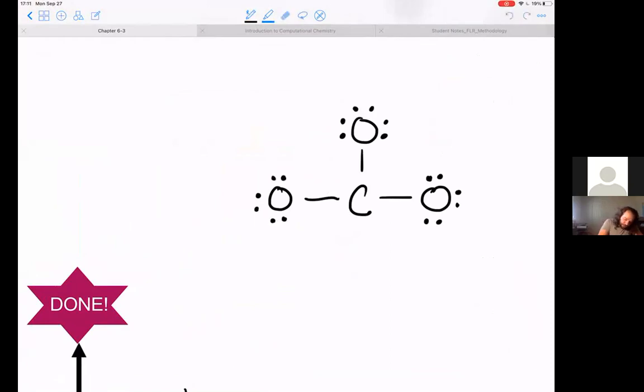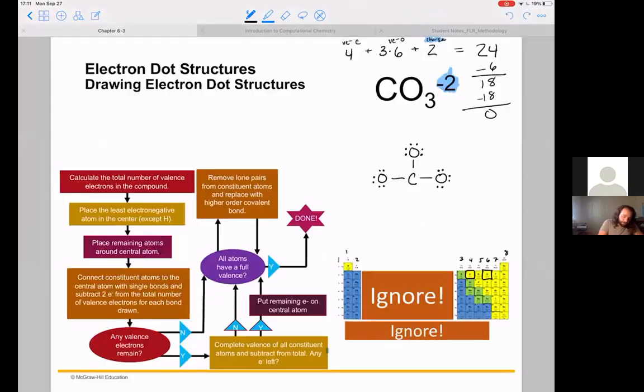Or I could have taken this one, moved it down here, formed a bond. That would have been the same thing. Or I could take this one, move it over here and form that bond again. Either of those moves would work. So when you find yourself in that situation, you've got to do all three of them. So I'm actually going to move this over here.